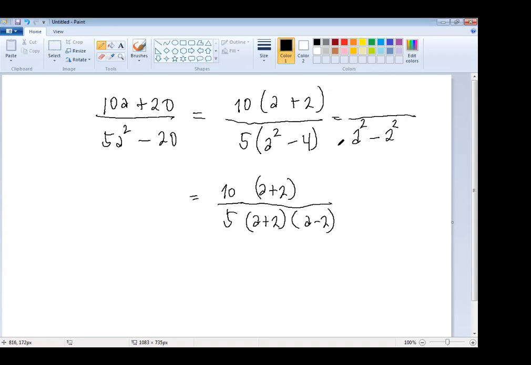So we can cancel out a plus 2 divided by a plus 2, that is 1. Then we have 10 divided by 5, which is equal to 2. So the final answer that we get is 2 over a minus 2. Got it?